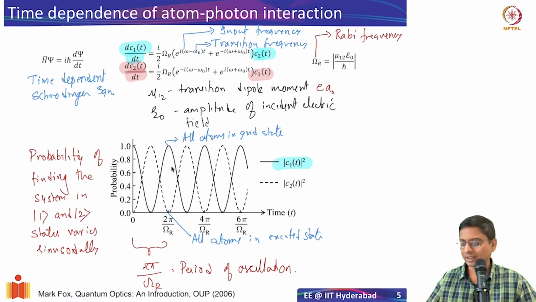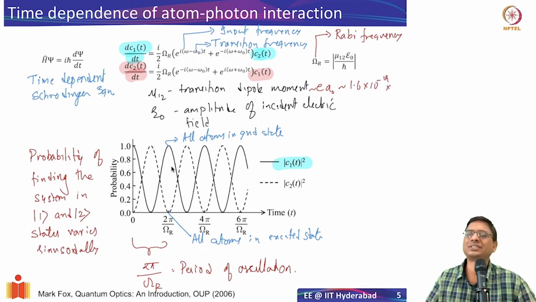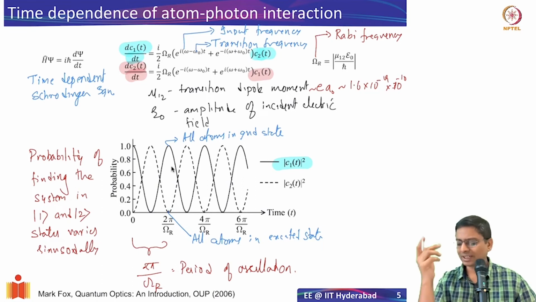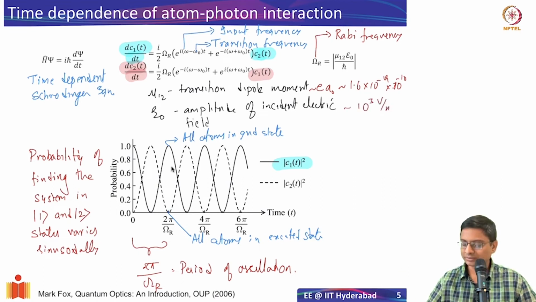So this is almost equal to 1.6 into 10 power minus 19 times the atomic size, let's say a few angstroms. I'll put it as 3 angstroms, or 10 power minus 10. So 10 power minus 19 into 10 power minus 10 gives 10 power minus 29, which is the unit of dipole moment. And let's say my initial amplitude E naught is 10 power 3 volt per meter.